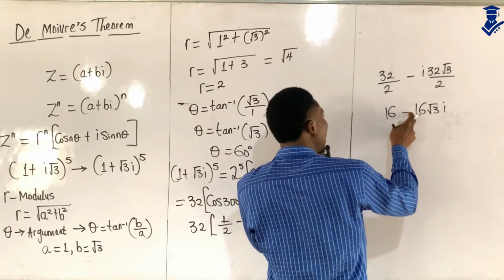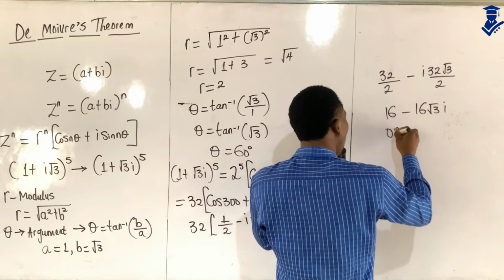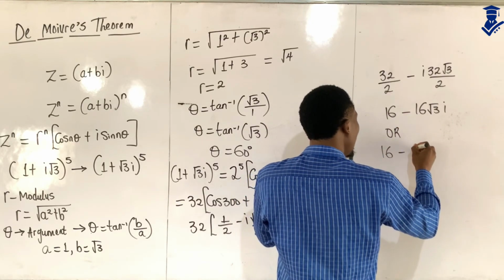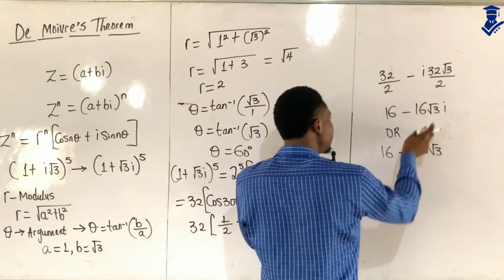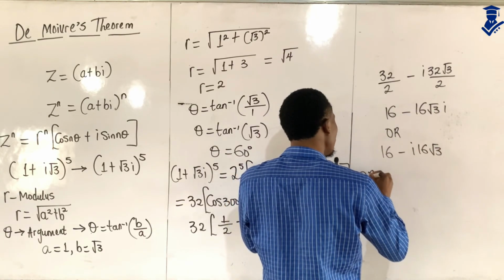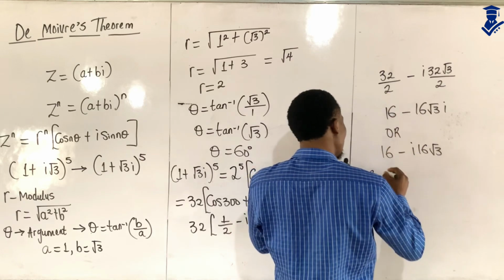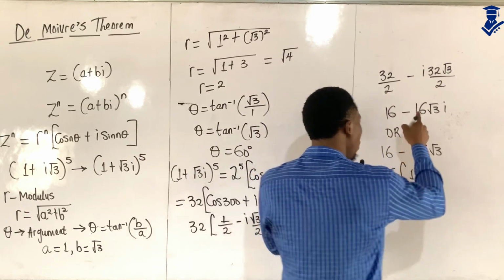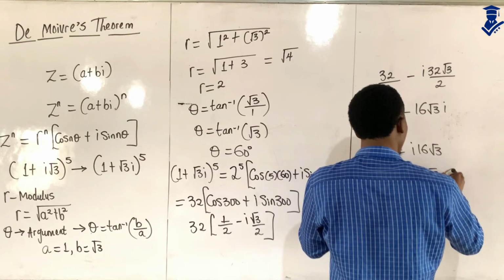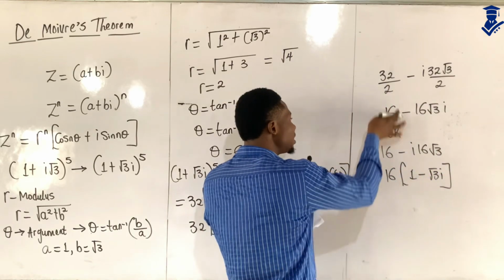Or we put the i here, we can also write this as 16 minus i 16 root 3. Any of this is an answer. Or you can also factorize and write this as 16 into bracket 1 minus root 3i. So this is our answer.